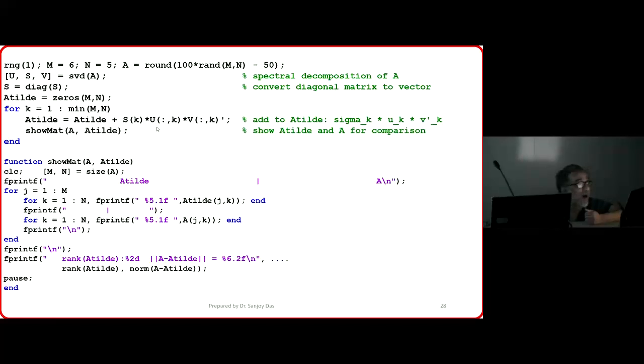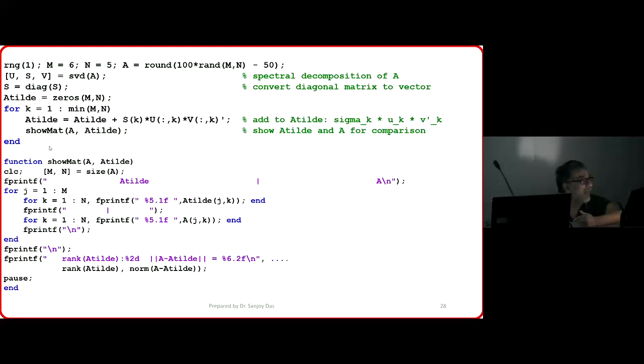So this is sigma k uk vk transpose. I'm adding to A tilde. So first iteration, it will be sigma 1 u1 v1 transpose. The second iteration of the for loop, it will be sigma 1 u1 v1 transpose plus sigma 2 u2 v2 transpose, and so on.